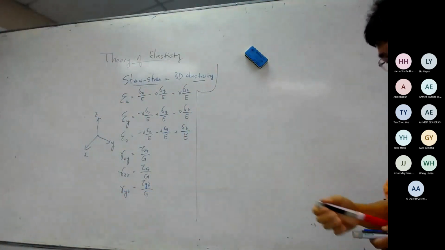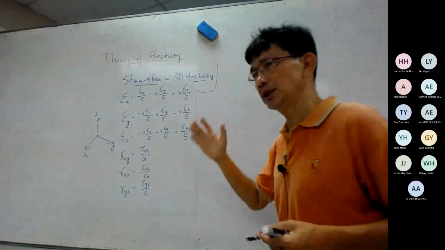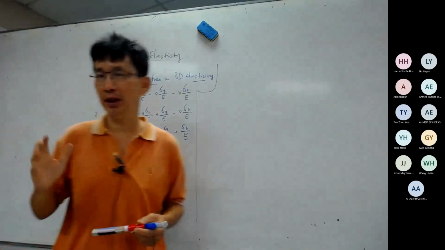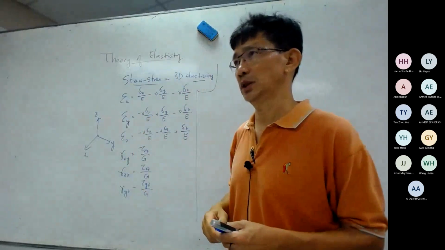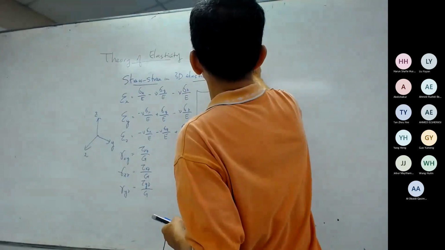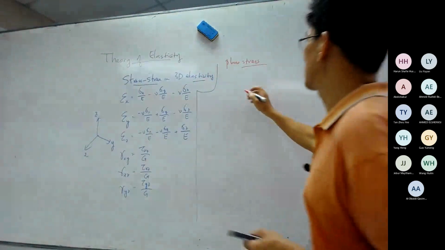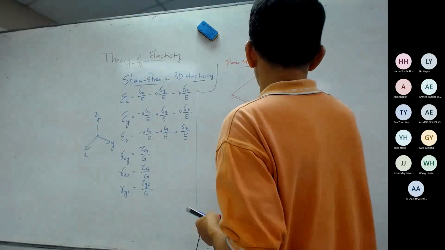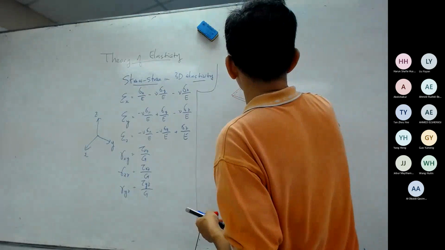Now when we go to specializations in 2D, what we mainly cover is what are the characteristics of problems that you can classify as 2D, and what are the types of 2D problems that we have. Okay. So we start with plane stress. For plane stress, the characteristic is that one particular direction is very small compared to the other two.